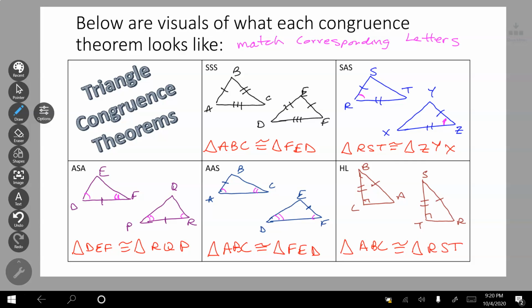So that's how we write a congruence statement, making sure we're matching the corresponding parts of the 2 triangles.